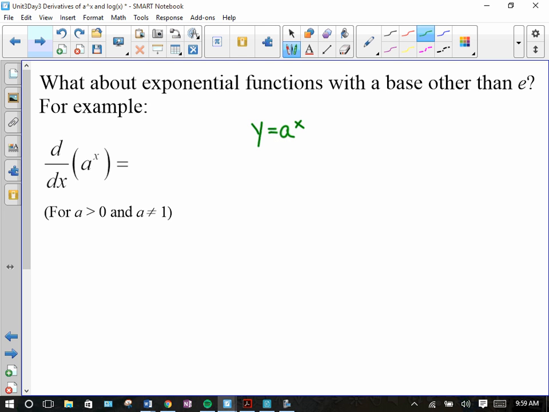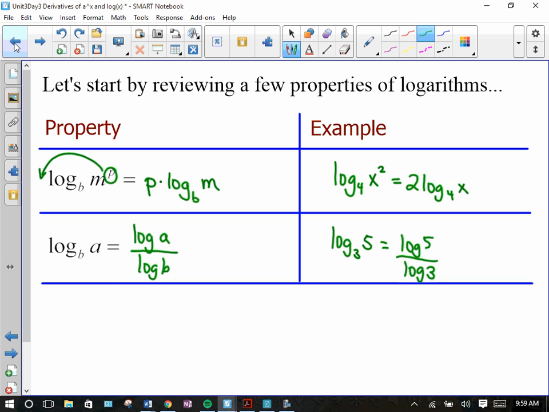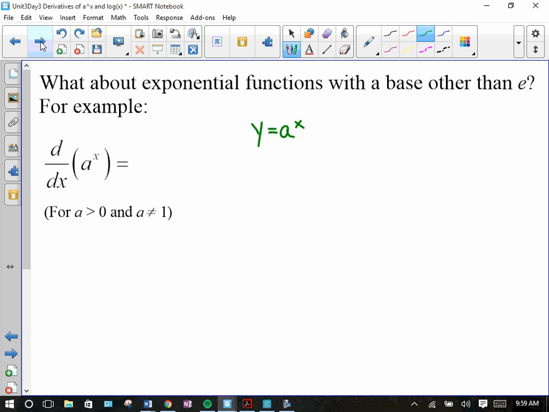Right? So by taking the natural log of both sides, we're going to be able to use this. Natural log of y is equal to natural log of a to the x power.